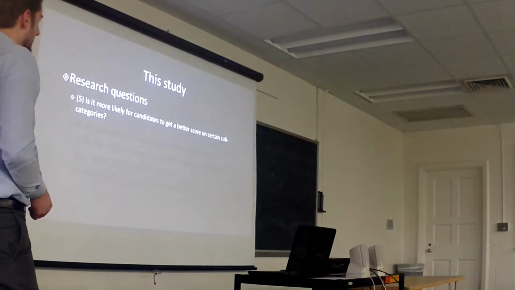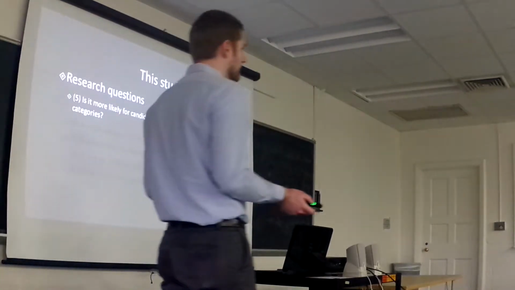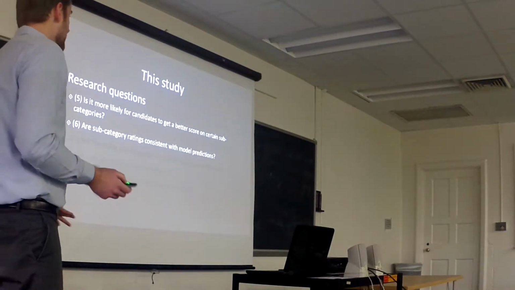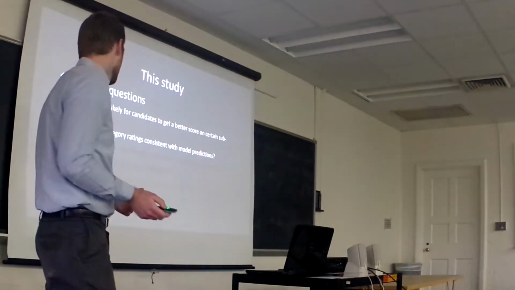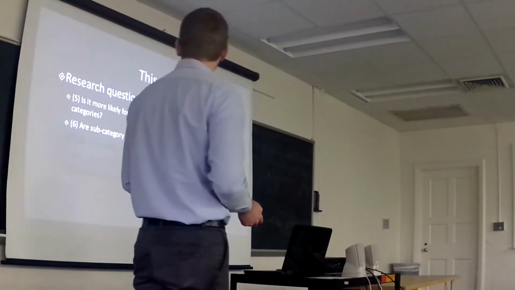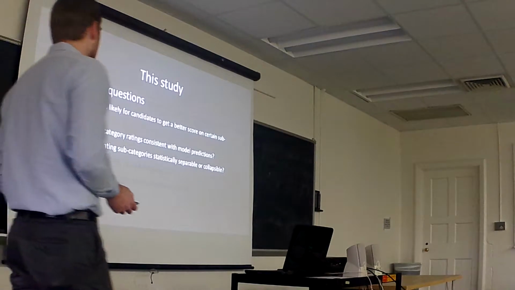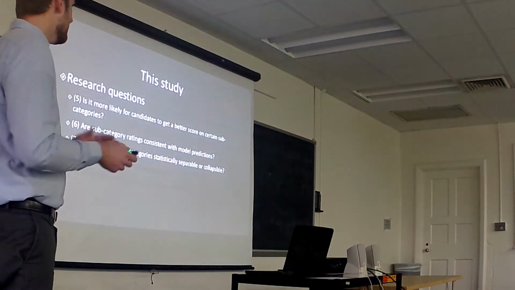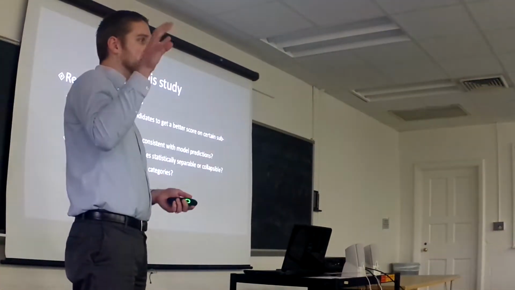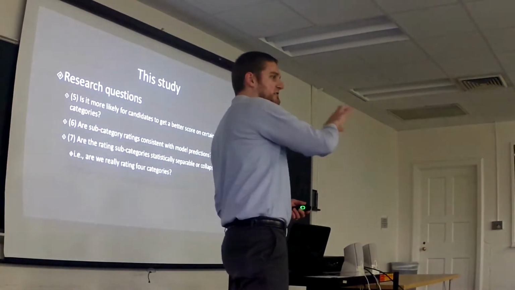Fifth, is it more likely for candidates to get a better score on certain subcategories, for a person with average ability? Sixth, are the subcategory ratings consistent with the model predictions? So when the model predicts that a person would get a certain sub-score rating, were our ratings consistent? Generally, yes, to give you a little preview. Seventh, are the rating subcategories statistically separable or collapsible? What this means is, are we really rating 4 separate categories: task fulfillment and task development, organization and cohesion, lexical range and accuracy, grammatical range and accuracy?